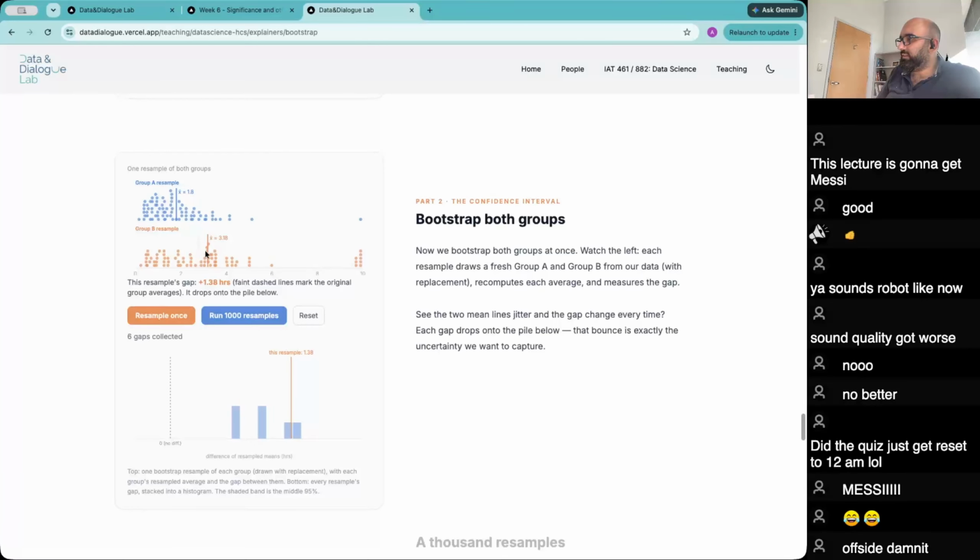So this time is another difference. This time is another difference. We keep picking with replacement from different groups, and we calculate the difference of those 2 groups. Okay? Boom. What does this tell us?